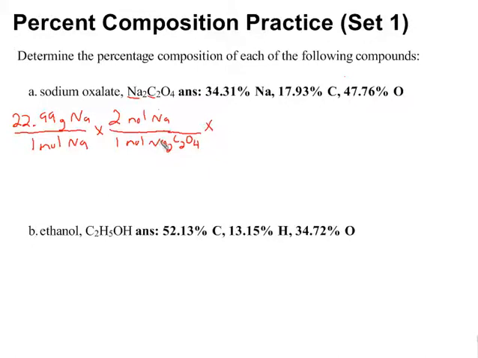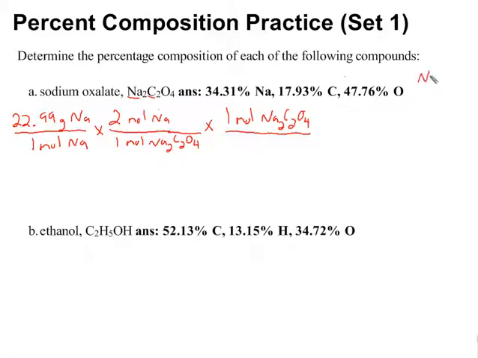This is going to give us our part, the part of sodium, and we need to compare that to the whole. The whole mass would be 1 mole of Na2C2O4, which has a certain molar mass. Now I calculated this ahead of time. You can pause it and try to calculate it yourself if you want to.